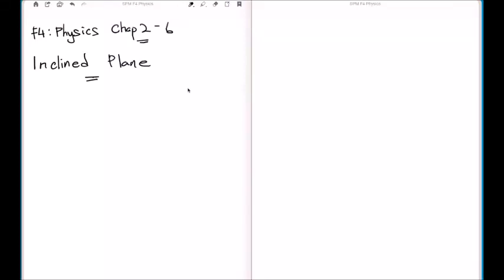Now in this video, I'm going to show you Form 4 Physics, Chapter 2, Part 6, Inclined Plane. Just before I get started with this chapter, what I'm going to show you here is a mechanism. This is the ground I have.